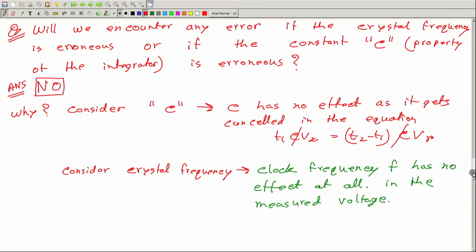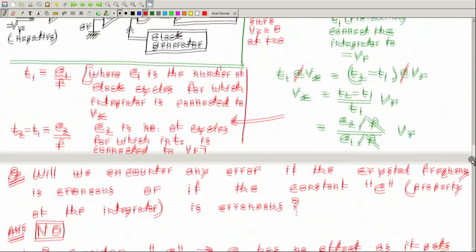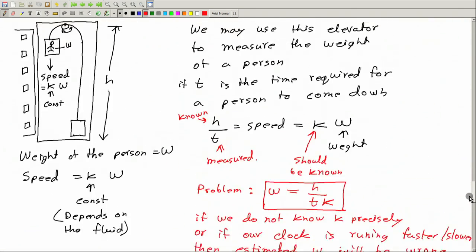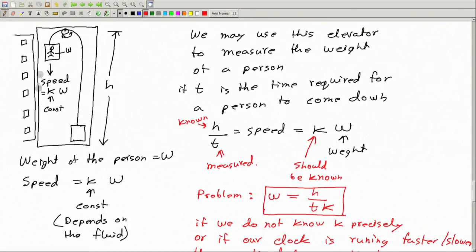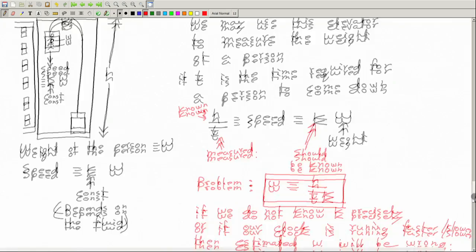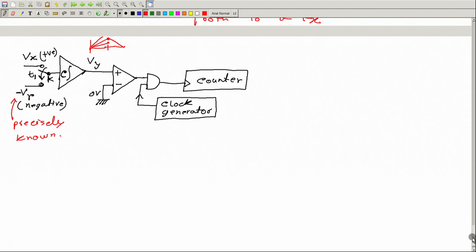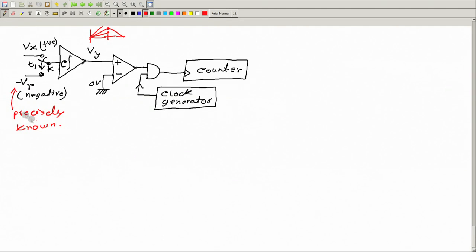Okay. So, we have seen how the frequency of the clock does not matter, it gets cancelled. But the best way to understand it, I think, maybe if you think about this hypothetical experiment, okay, it will help you to understand the principle of this dual slope integrator. It's dual slope voltmeter. Okay.